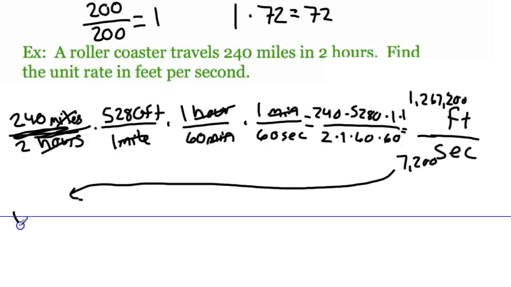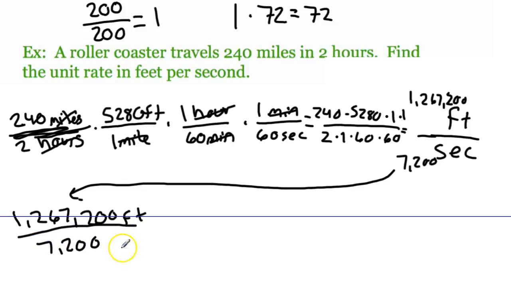We have 1,267,200 feet per 7,200 seconds.